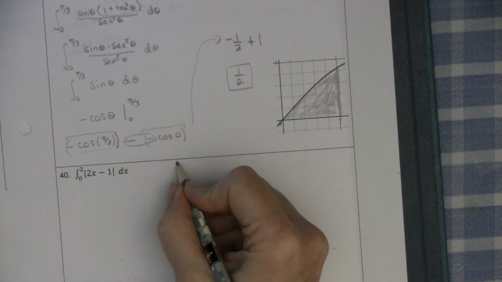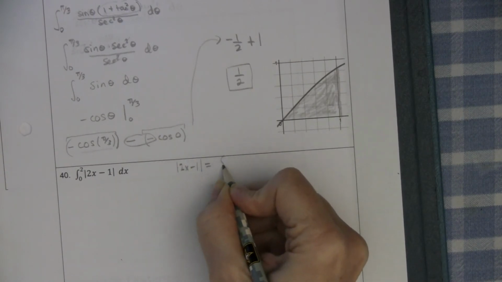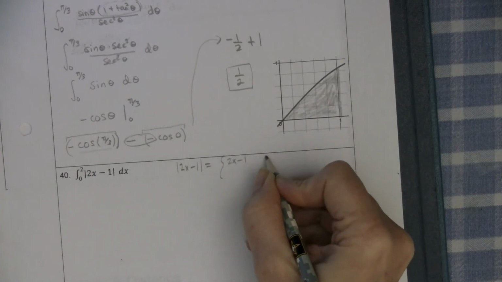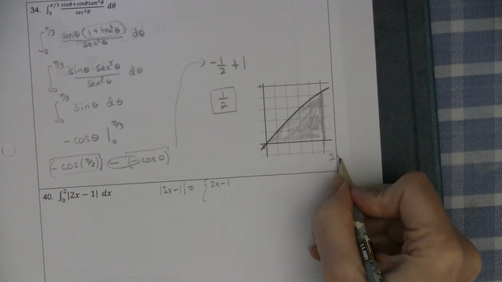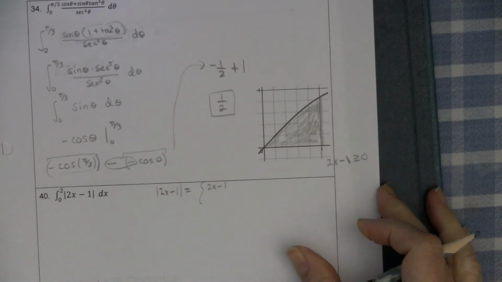So the absolute value of 2x minus 1 is equal to 2x minus 1, and I'm going to write that over here, if 2x minus 1 is greater than or equal to 0, right?